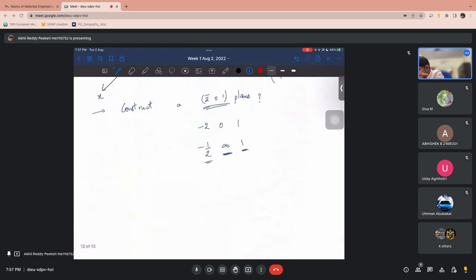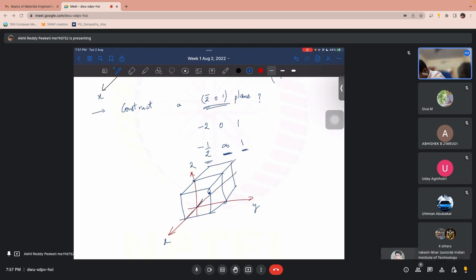So if you are plotting it, it intersects the x-axis at minus half, is parallel to the y-axis, and then intersects the z-axis at 1. So this point, and intersecting the z-axis at 1 and parallel to the y-axis.